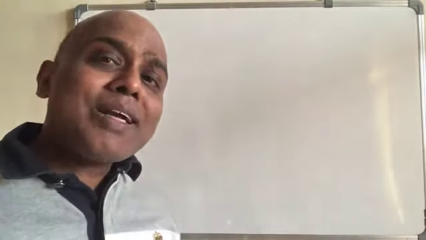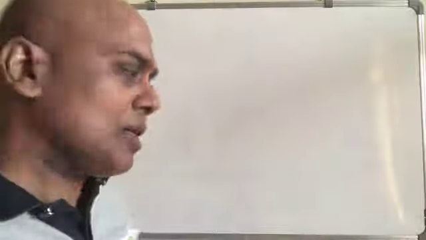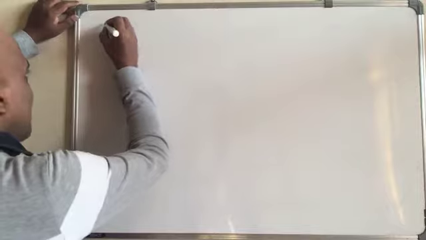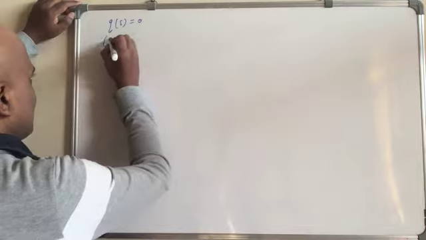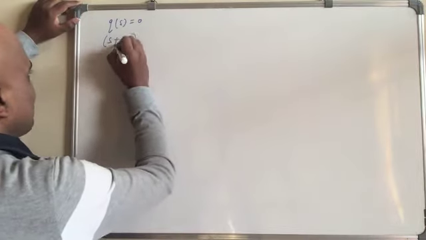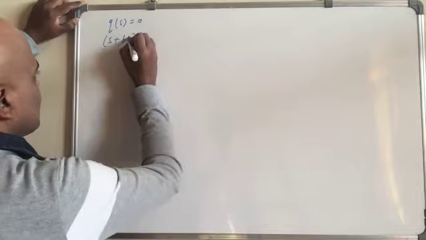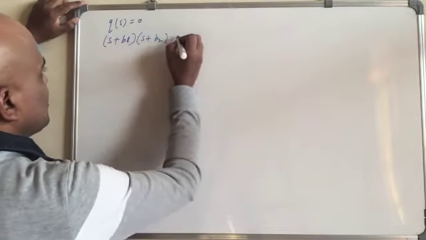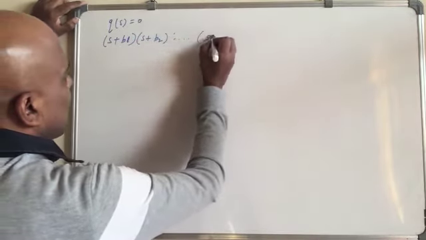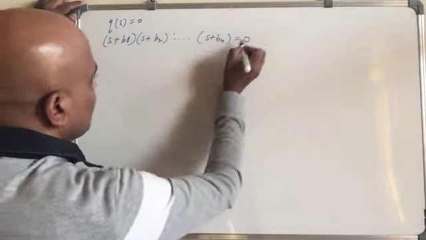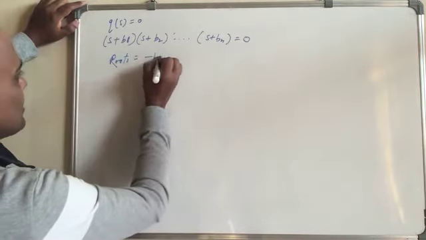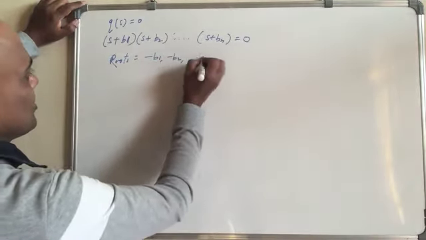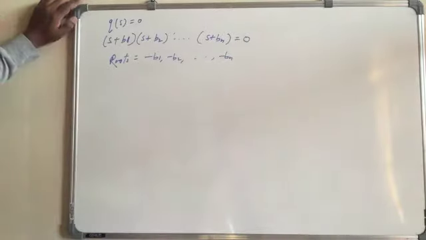So let's also understand the stability further. We solve the characteristic equation q(s) equal to 0, and we found this is nothing but (s plus b1)(s plus b2) and so on till (s plus bn) equal to 0. Hence the solutions, or roots you call, are minus b1, minus b2, to minus bn.